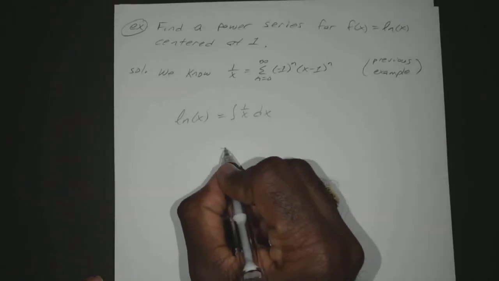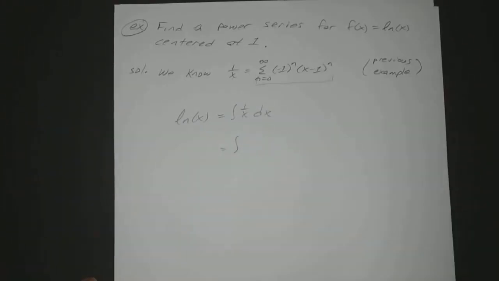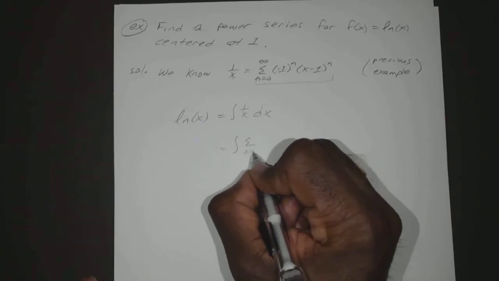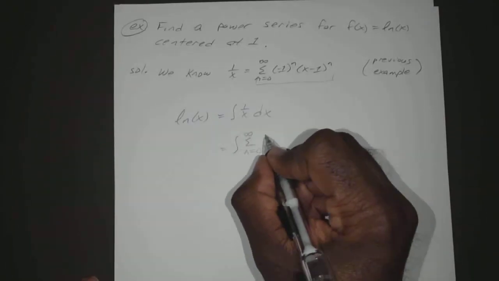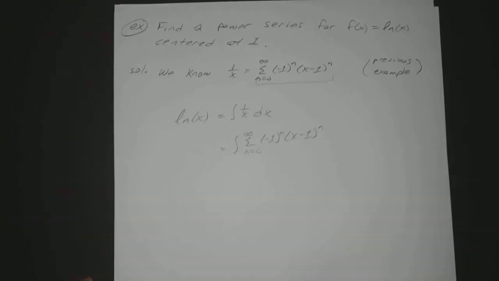Which means this could equal the integral, since this 1 over x is equal to this power series, this is just going to equal the integral of this power series, -1 to the n times x minus 1 to the nth power, with respect to x.